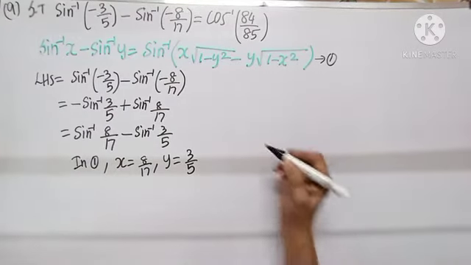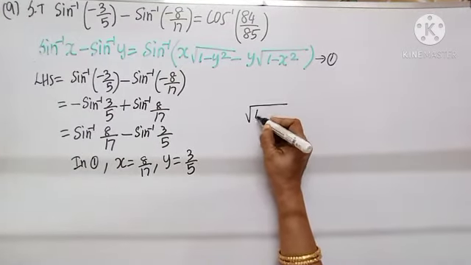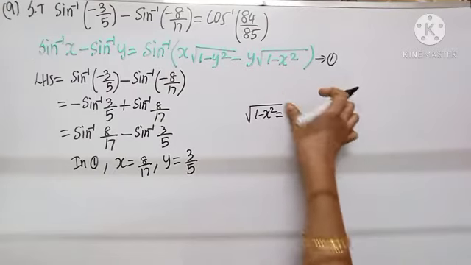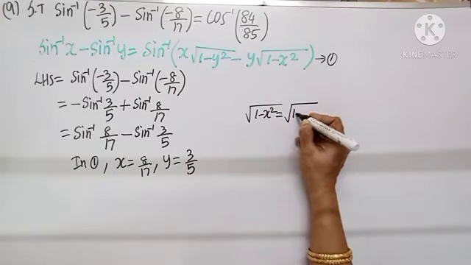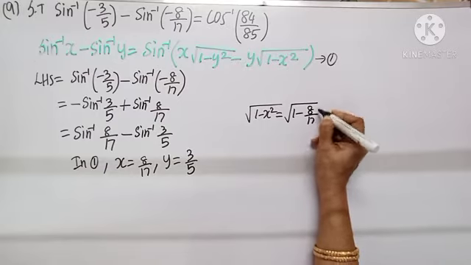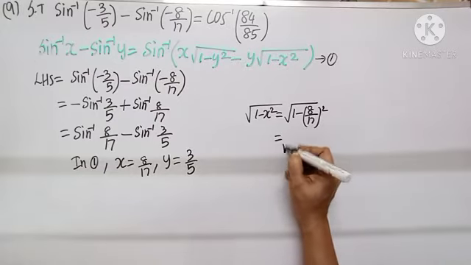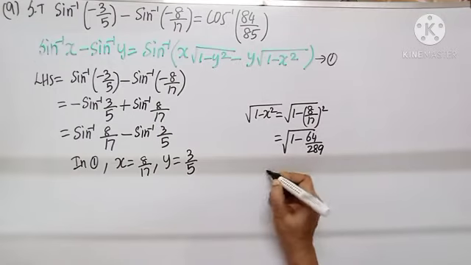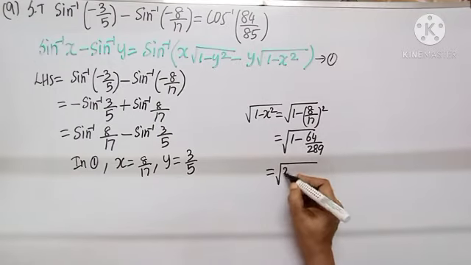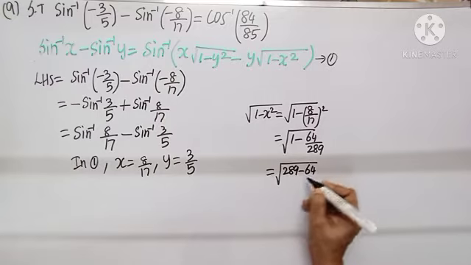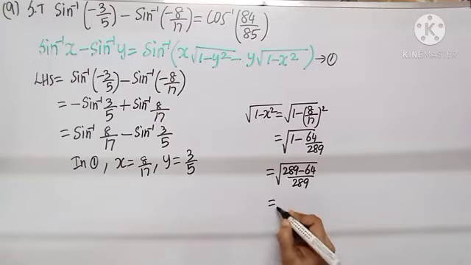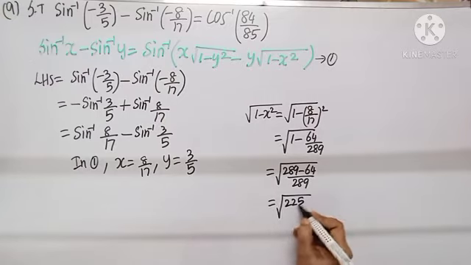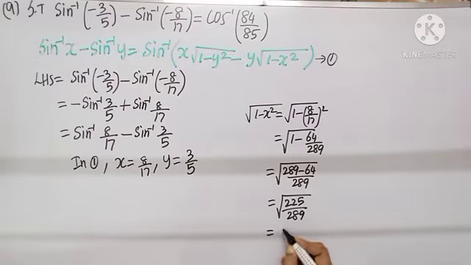So let me find out what is root of 1 minus x square. It is root of 1 minus 8 by 17 the whole square, or root of 1 minus 64 by 289. Taking the LCM, 289 minus 64 by 289 or 225 by 289, which becomes 15 by 17.